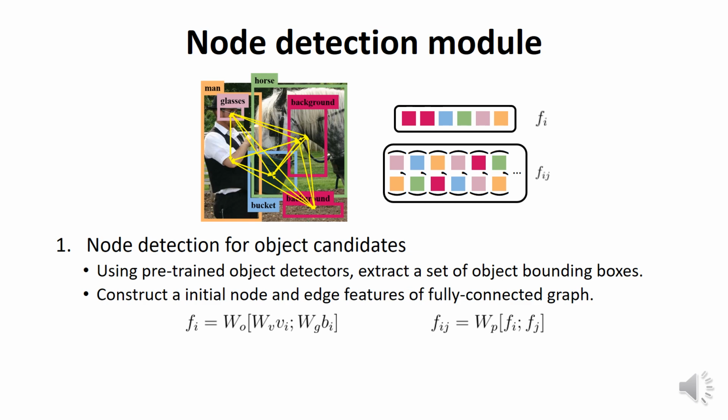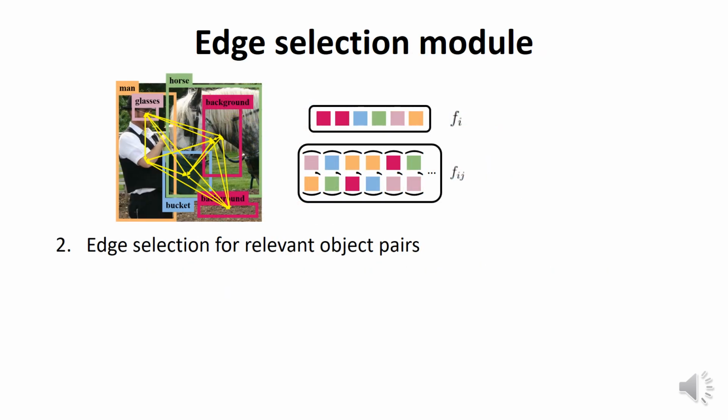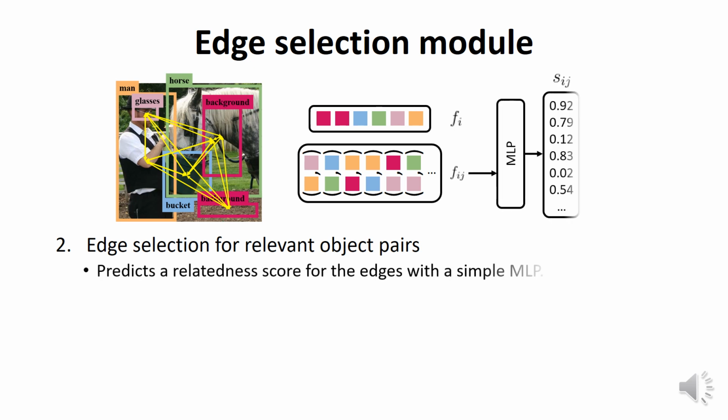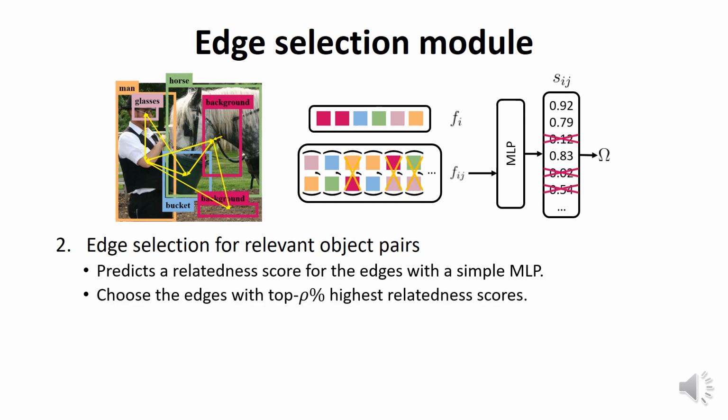These node features and fully connected edge features are passed into the edge selection module and quad attention module. In order to remove the non-existing or false relationships, the edge selection module predicts a relatedness score Sij for the fully connected edges with a simple MLP. We choose the pairs with the top ρ% highest scores as the valid edges to use in the quad attention module.